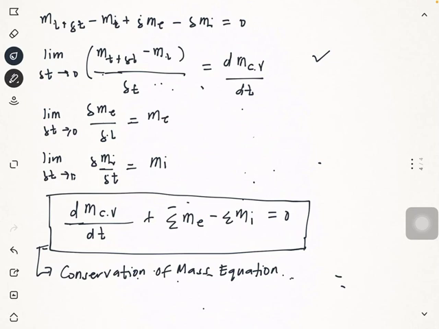This is how we derive the conservation of mass equation according to our first law of thermodynamics. So mass is being conserved, so there is no change in mass leaving and entering our control volume.